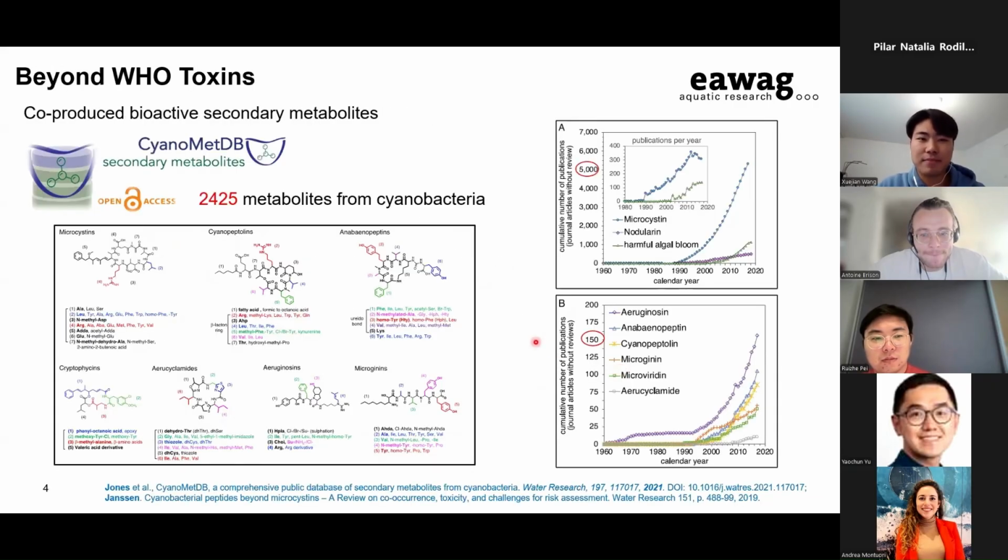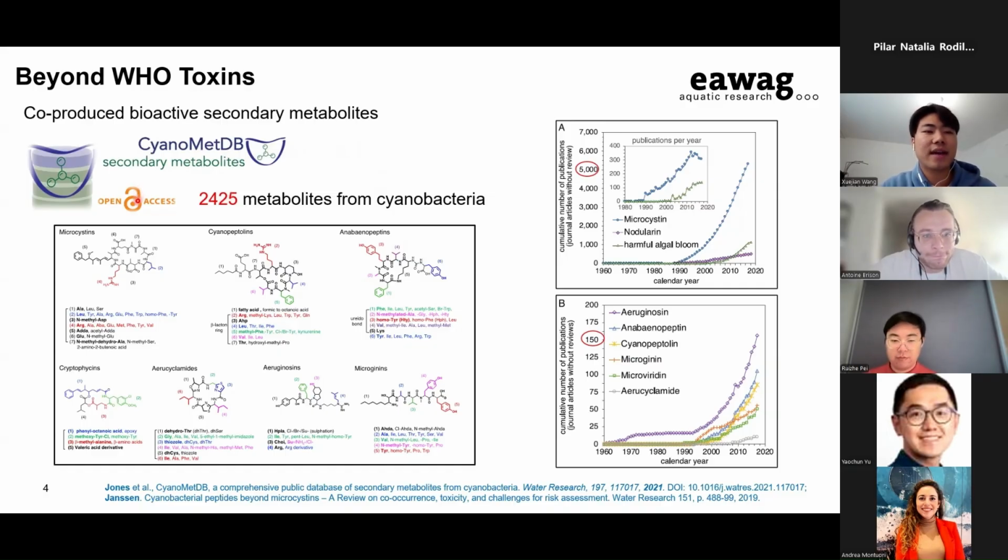But actually, besides these 4 cyanotoxins, there are many more secondary metabolites co-produced by cyanobacteria. So our group, together with some collaborators, based on published papers, collected the information on the secondary metabolites and made a database called CyanoMedDB, which contains over 2,000 structures of secondary metabolites from cyanobacteria.